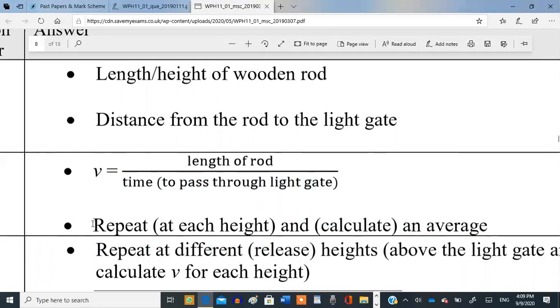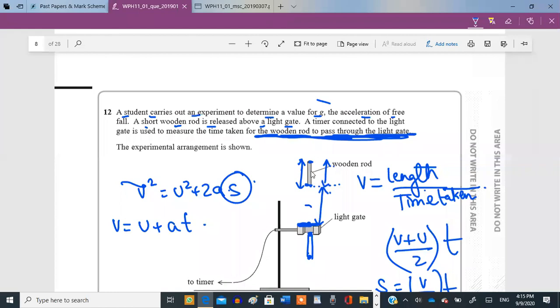They've used an experimental approach over here, that we repeat at each height and then calculate an average for this velocity. If we have the length of this wooden rod, then we can also use s equals vt. Yes, we can apply that.